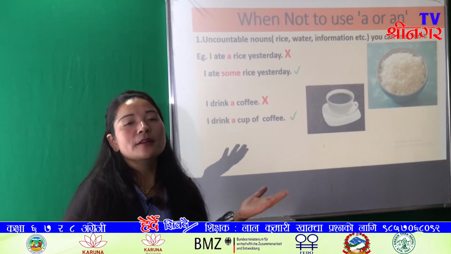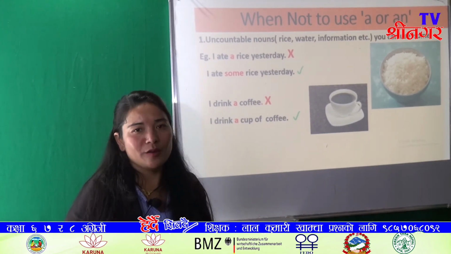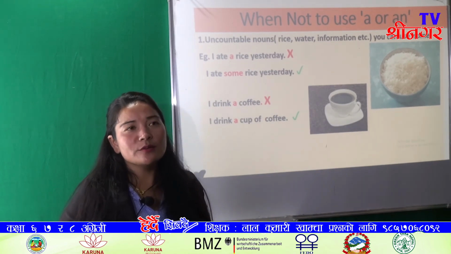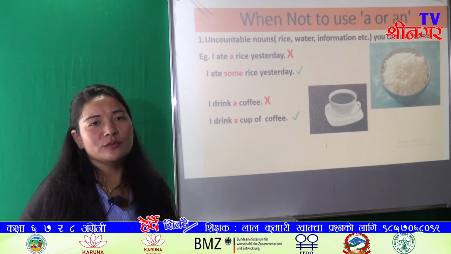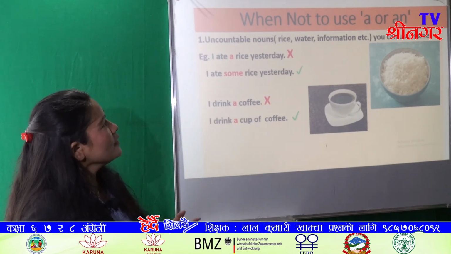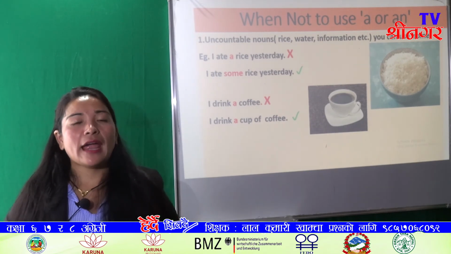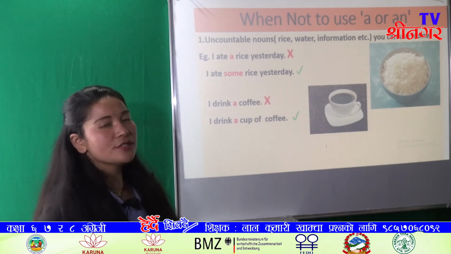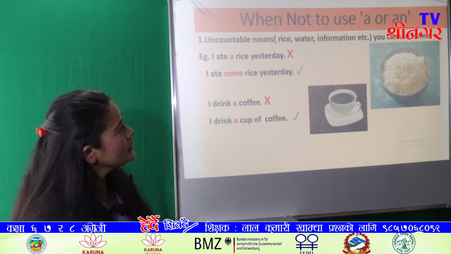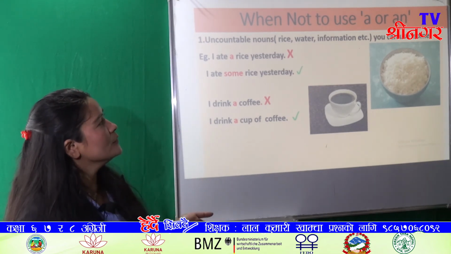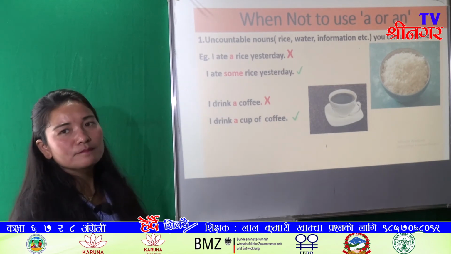There are lots of nouns which we cannot count, and these nouns are uncountable nouns, and we cannot use the article "a" before them. But in place of "a" before such nouns you can use "some".